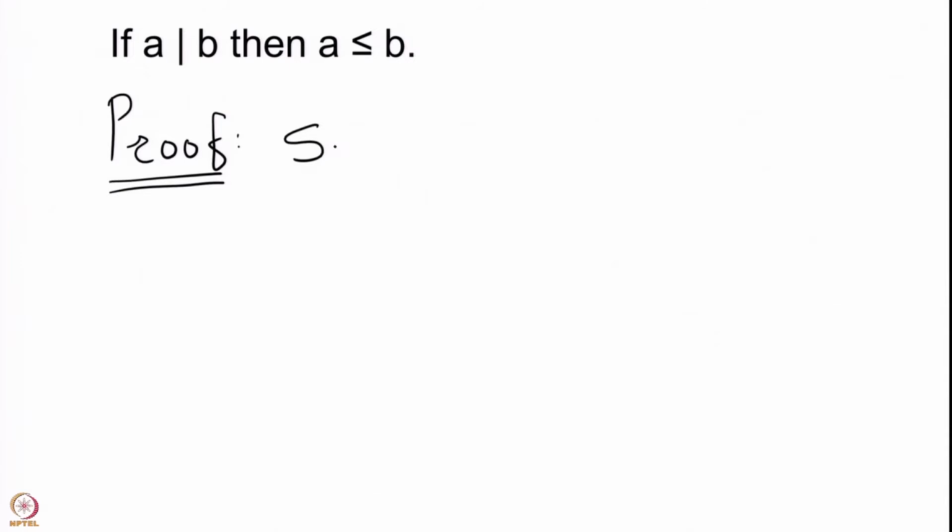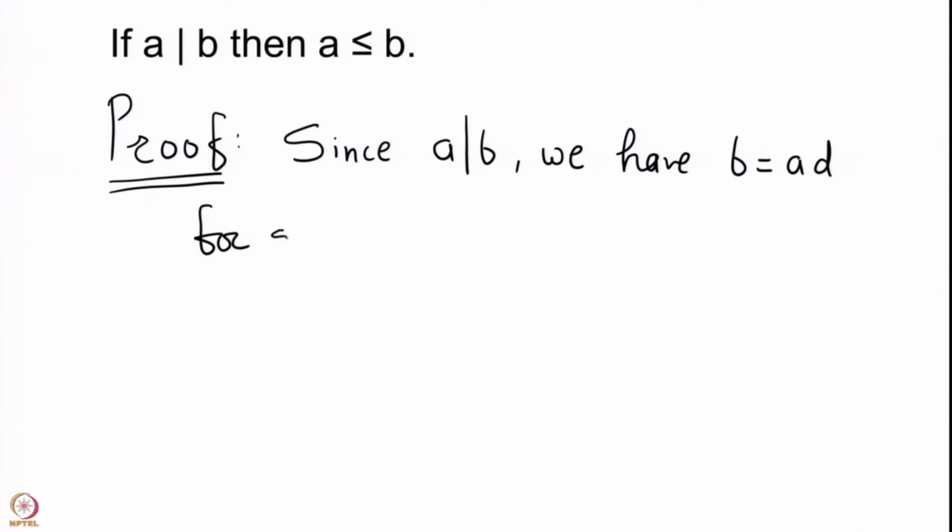So, since A divides B, we have B equal to AD for some natural number D, right. So, we have B as a product of A and a natural number D.